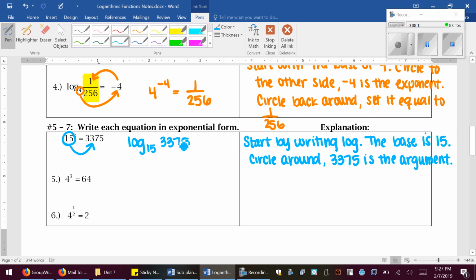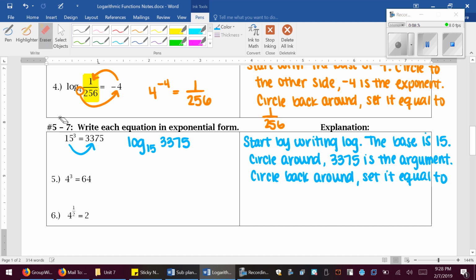They should be the same size and on the same line. Circle back around. And set it equal to, I covered it up, is it a 3? 3.